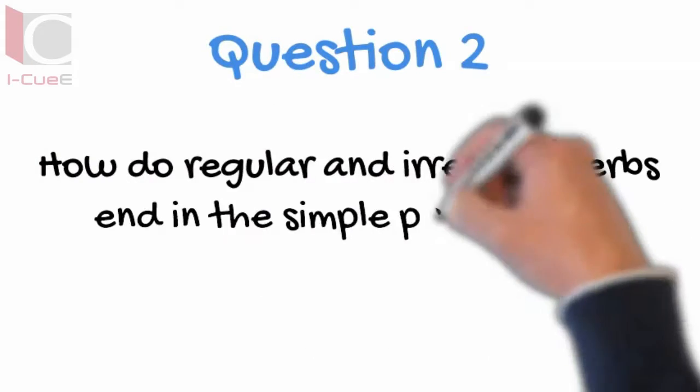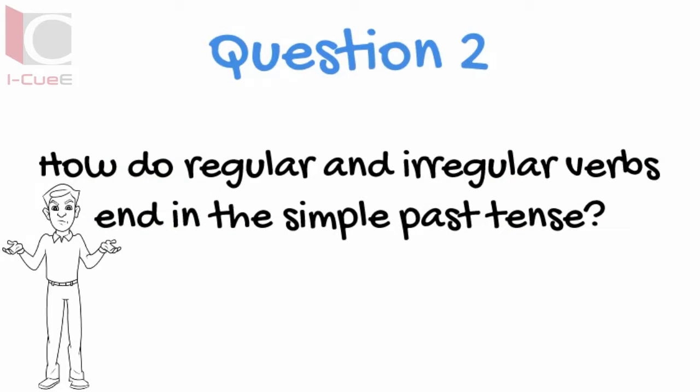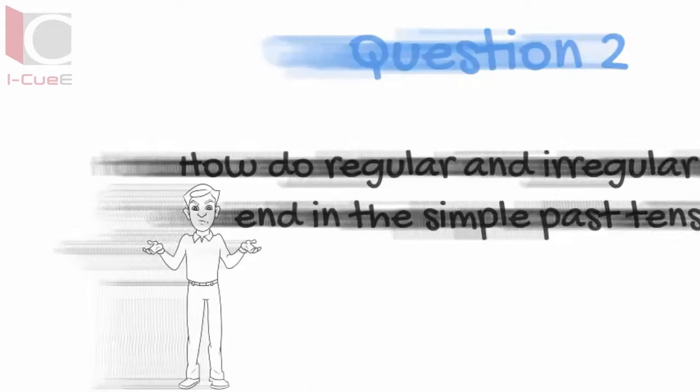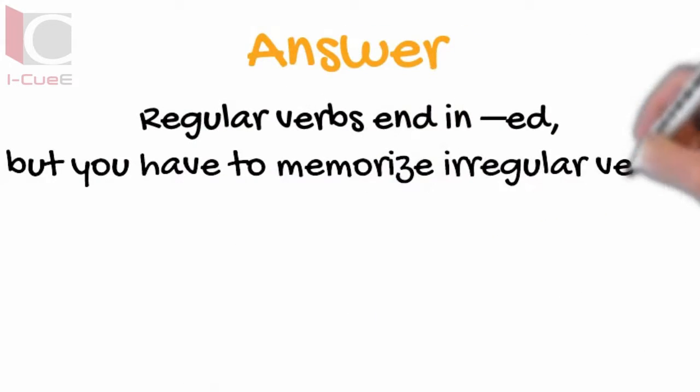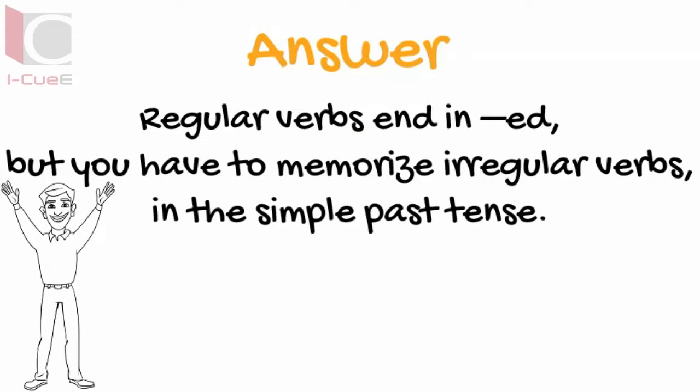How do regular and irregular verbs end in the simple past tense? Regular verbs end in ed, but you have to memorize irregular verbs in the simple past tense.